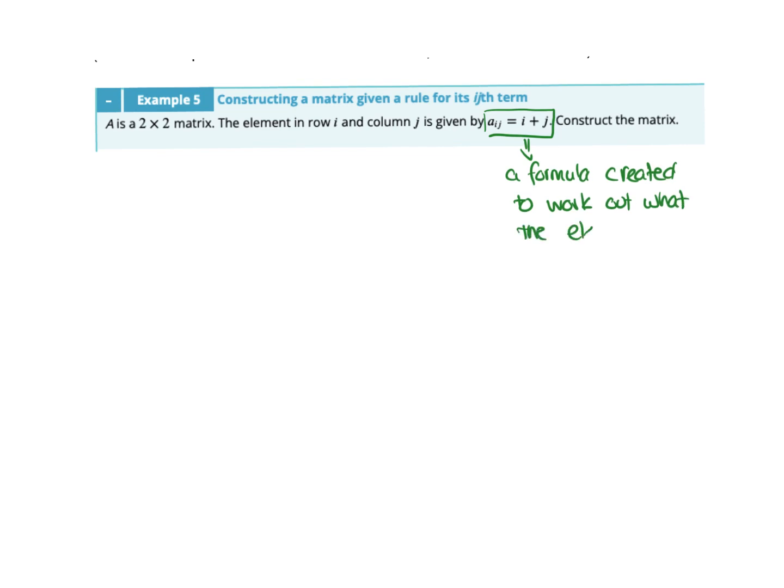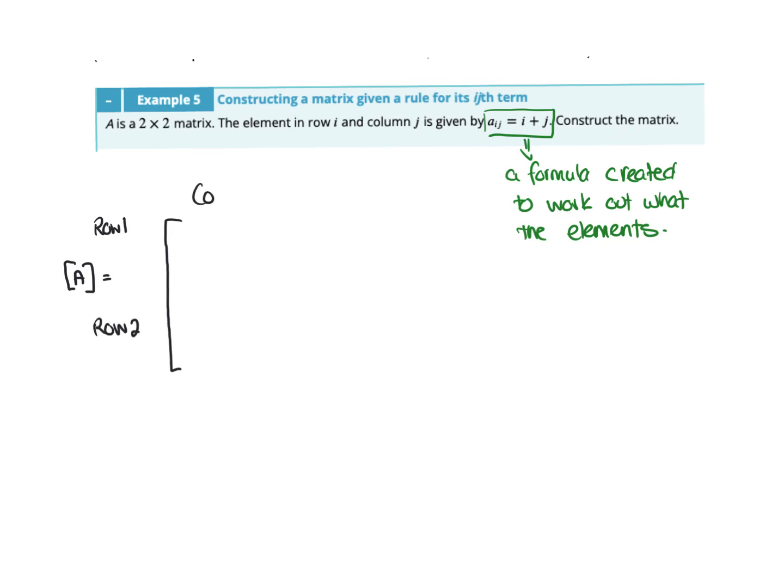Okay, so when they want me to construct this matrix A, they want me to call it matrix A, so often we just write the little symbol like that. Now it's going to be a 2 by 2. I'm going to exaggerate and make it pretty big, just so we can work it out. So we've got over here row 1, and row 2 because it's a 2 by 2.